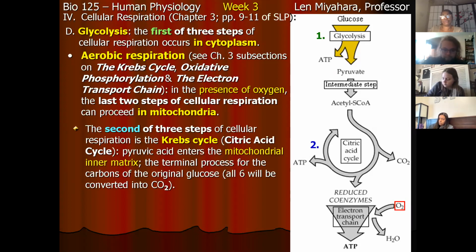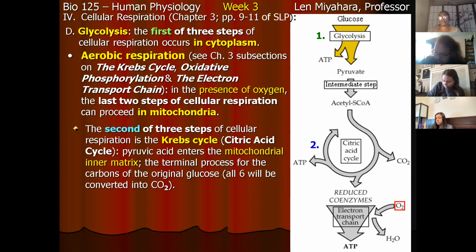Second of 3 steps is called the Krebs cycle. I'm not going to make you learn the names of all the intermediate steps. They're as a group called keto acids, but you do have to know this 4-carbon molecule I'm going to talk about in a second. This thing that actually enters the Krebs cycle, and the first product.